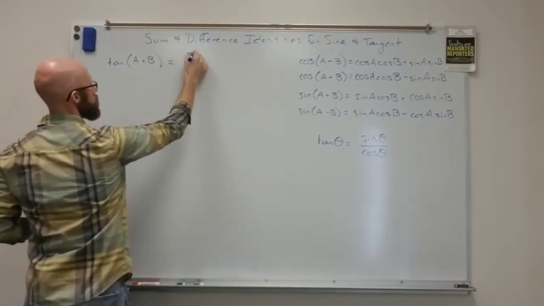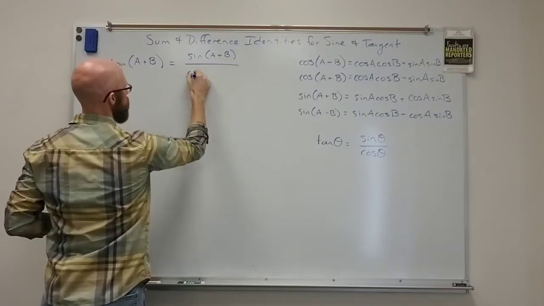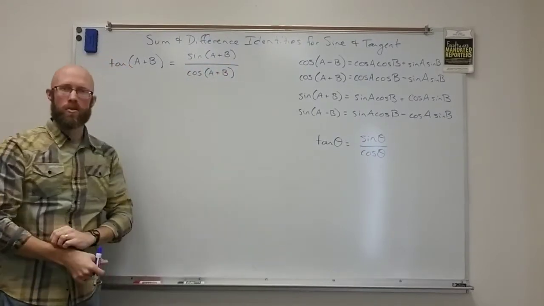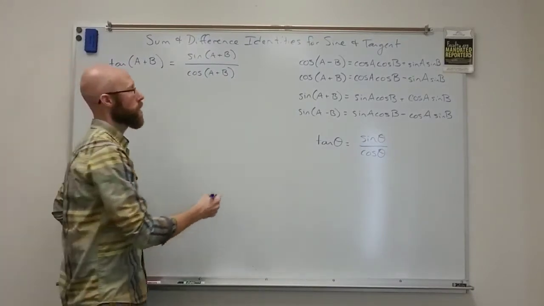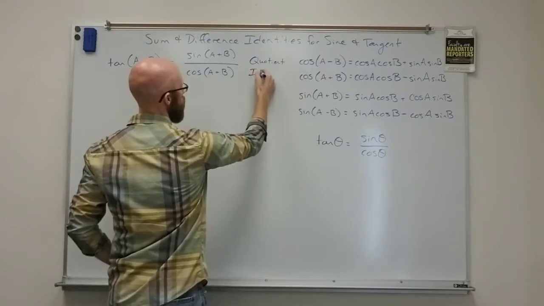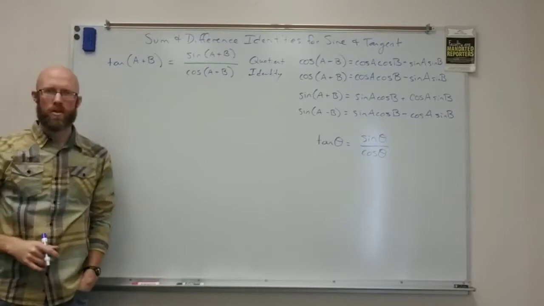This is equal to the sine of A plus B over the cosine of A plus B. So that's utilizing the quotient identity. Okay, so that's the first thing.